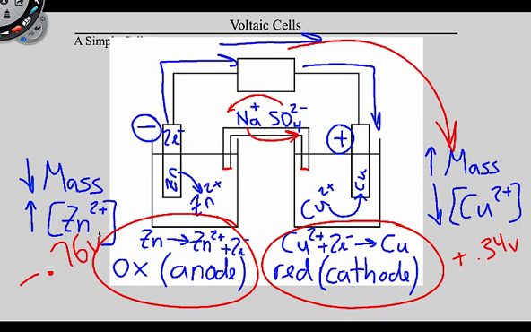Guys, what zinc is doing is zinc is going, and well, I should go the other way. So zinc is going like this. Zinc is spitting electrons into the wire. And copper ion is over here sucking them down the wire. Seriously, guys, this is how this works. Zinc atom inherently spits electrons, and copper ion inherently sucks in electrons.